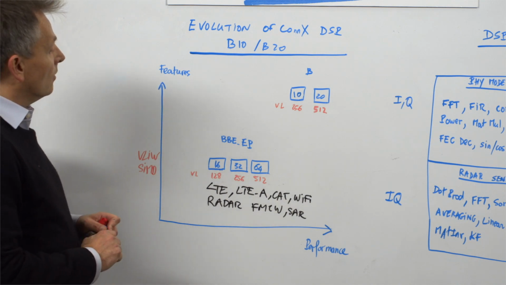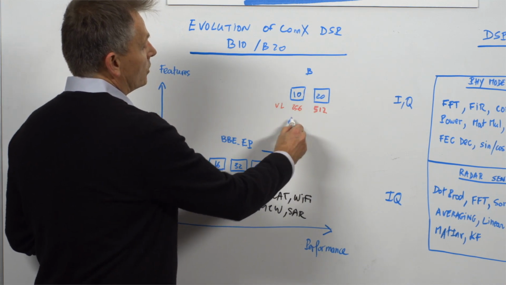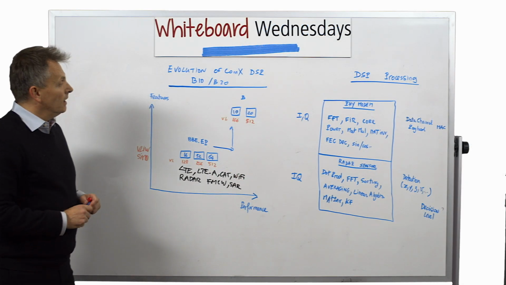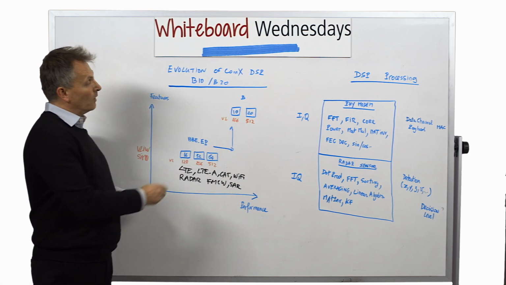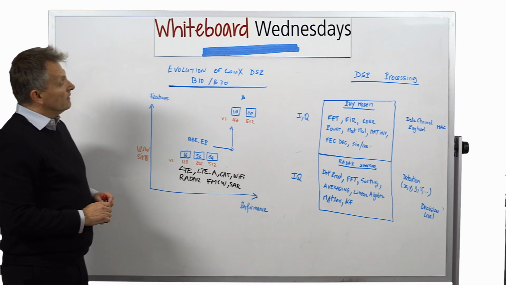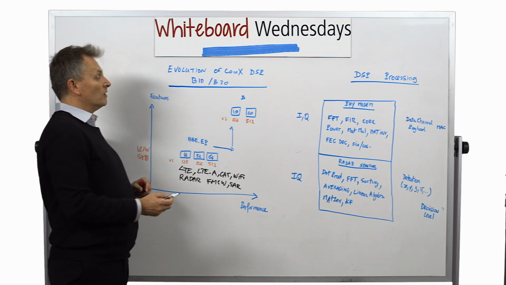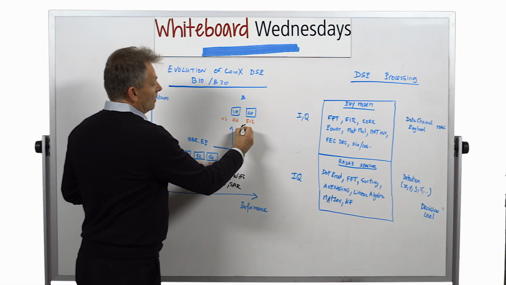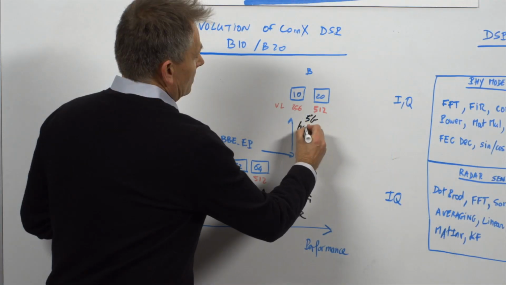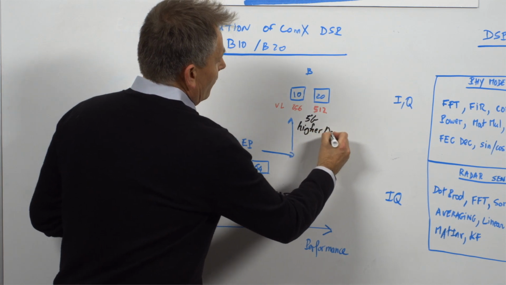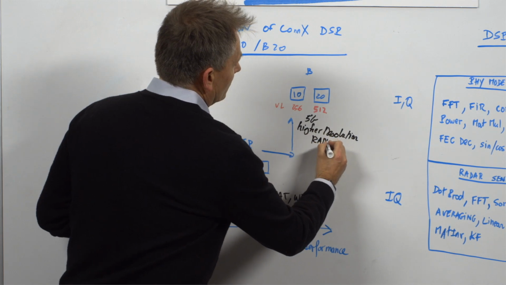We are extending our ConnX family by adding performance and adding features to go to the B series. We have two members, one with 256-bit vector and one with 512-bit vector. This family is targeted at new wireless communication standards like 5G, but also higher resolution radar and lidar for radar imaging, for instance.